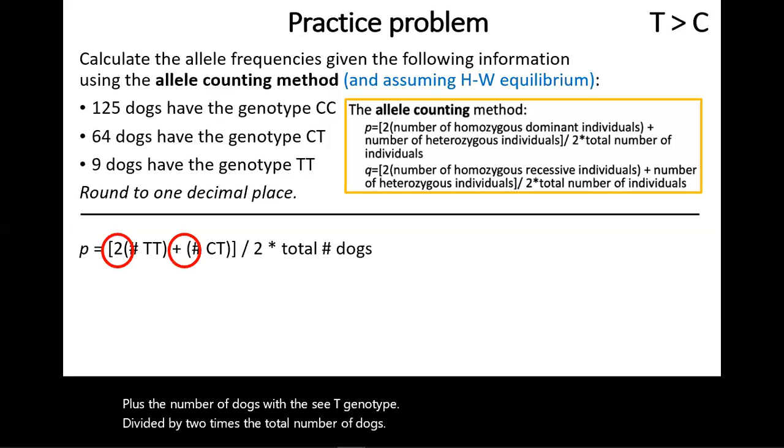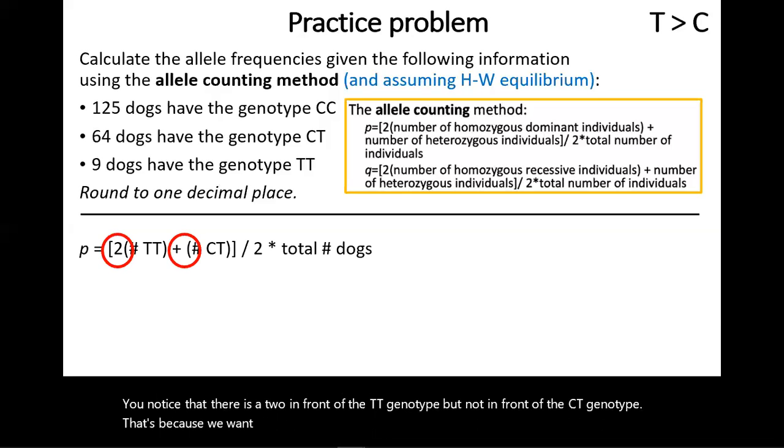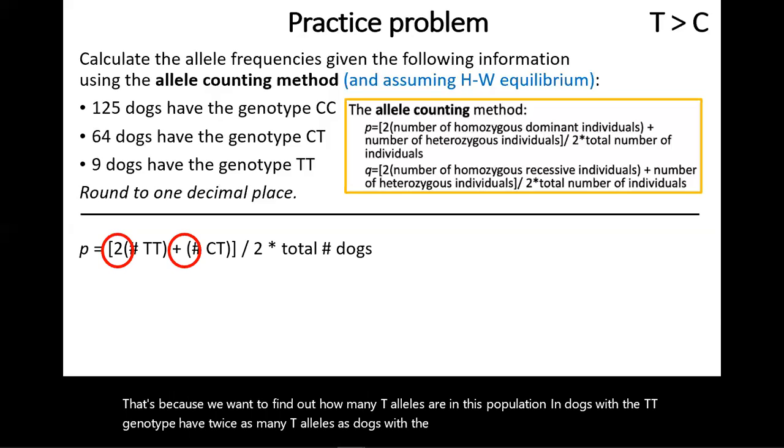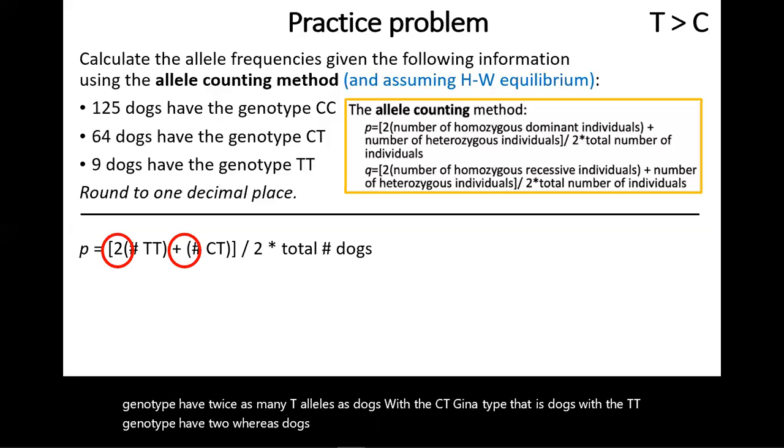You notice that there is a 2 in front of the TT genotype, but not in front of the CT genotype. That's because we want to find out how many T alleles are in this population. And dogs with the TT genotype have twice as many T alleles as dogs with the CT genotype. That is, dogs with the TT genotype have 2, whereas dogs with the CT genotype only have 1.